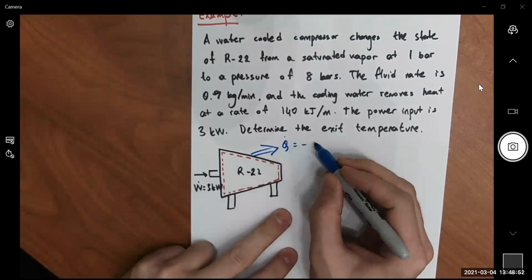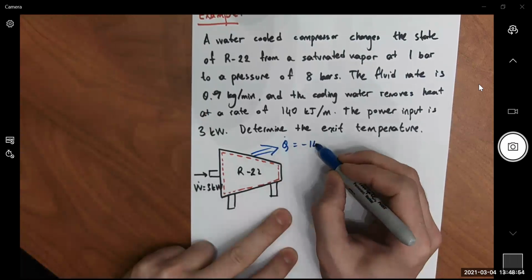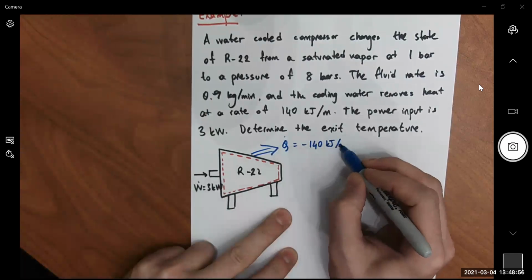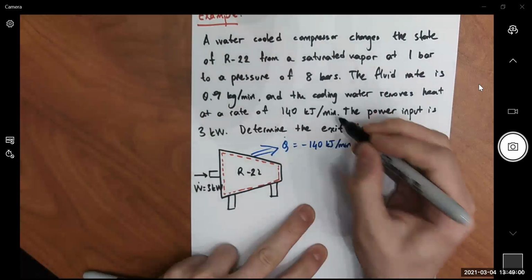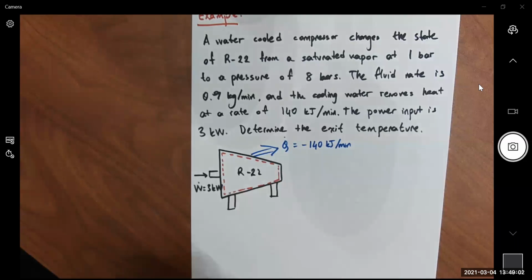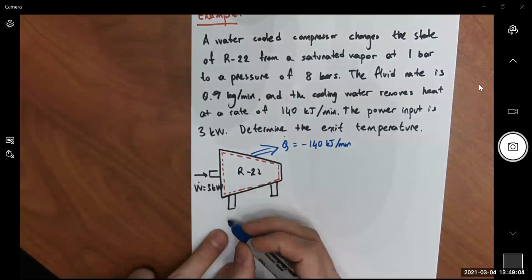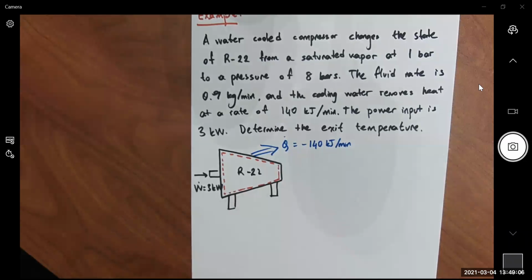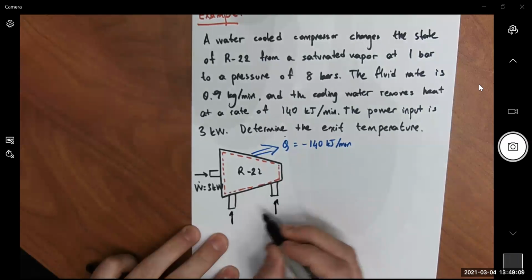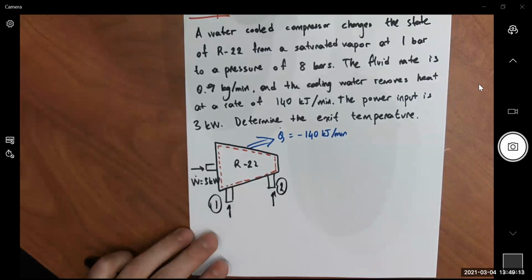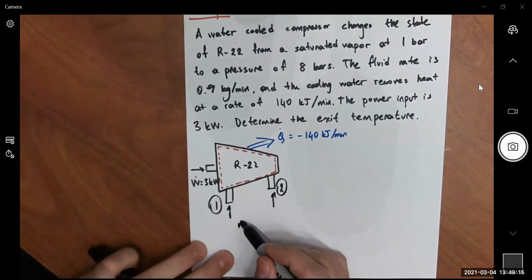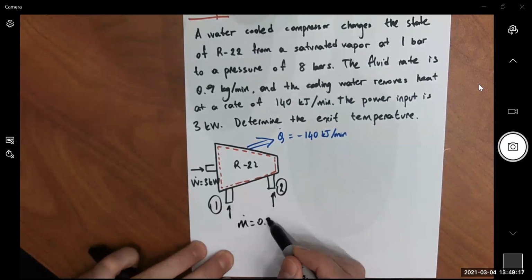The rate of 140 kilojoules per minute. This is minute. One inlet, one outlet. Flow rate is 0.9 kilogram per minute.